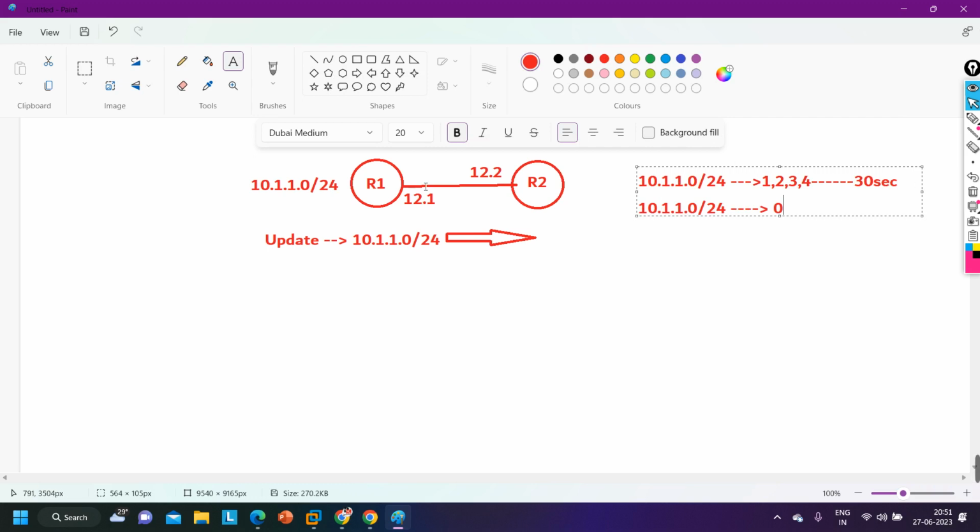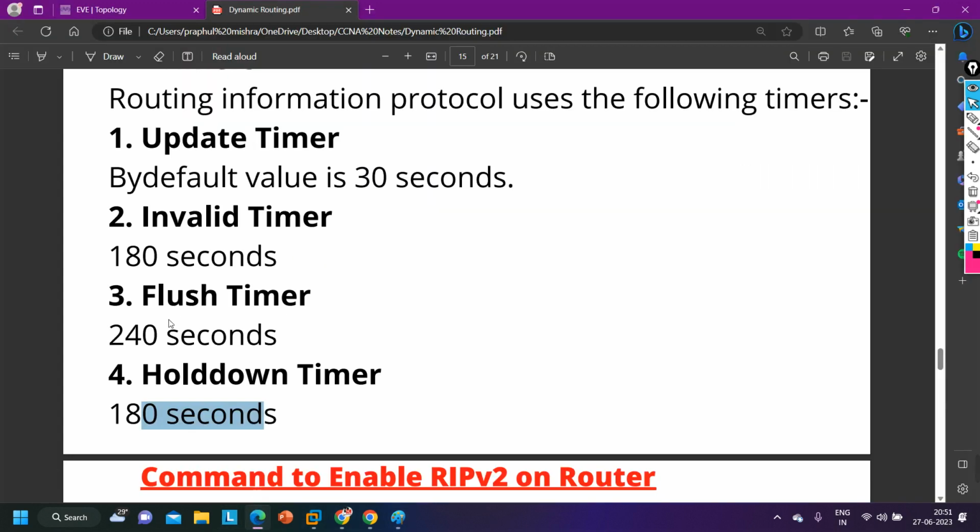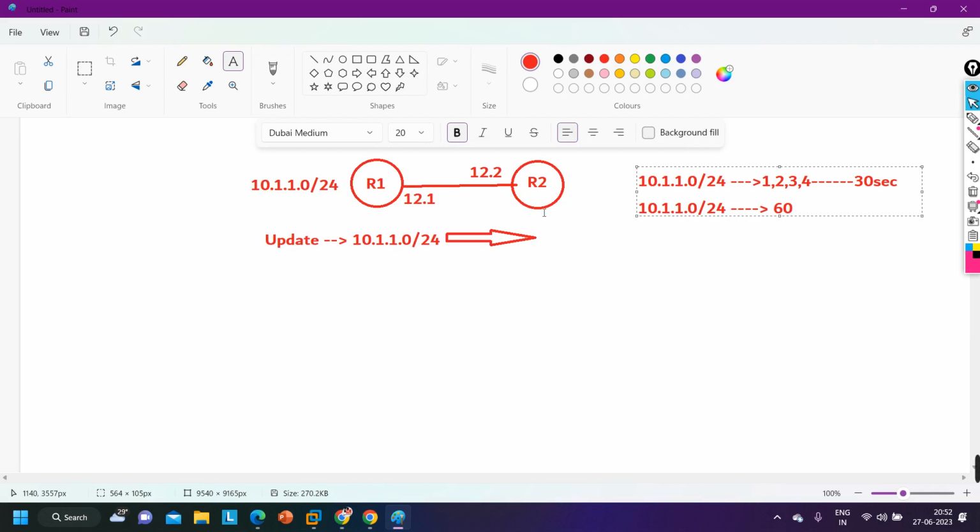Guys, let's say because of congestion on the link, router 2 has not received one update message. Then it will receive the update message after how much time? After 60 seconds, the second update message, right? But the flush time is what? Here you can see the flush time is 240 seconds. So it will not flush the network information if it misses one update message, if it misses 2 update messages, if it misses 3 update messages.